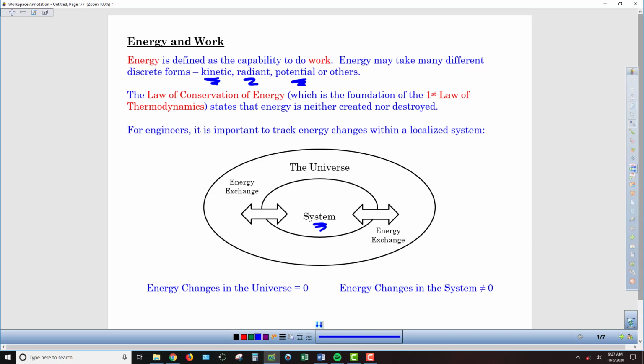So the energy changes within the universe are going to be zero, but the energy changes within the system could be either positive or negative depending on which direction that flow is taking place.